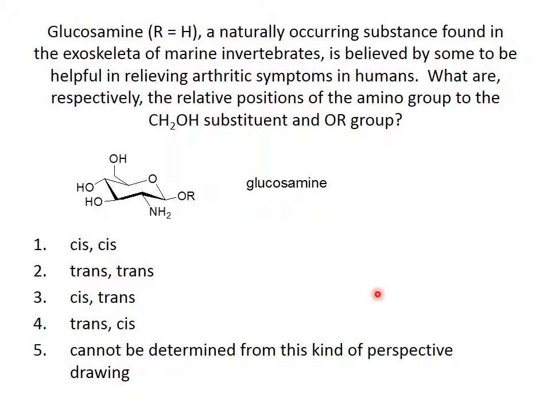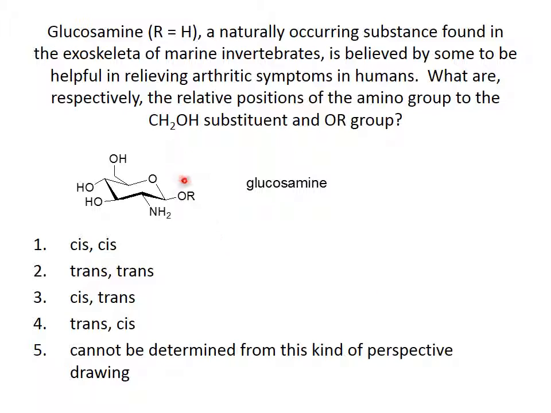Okay, on this one, I want you to go ahead and figure out on this 6-membered ring, this is just like a cyclohexane ring, and that has axial and equatorial positions.